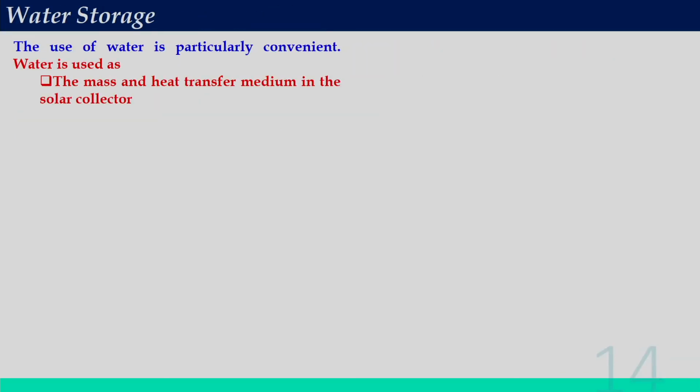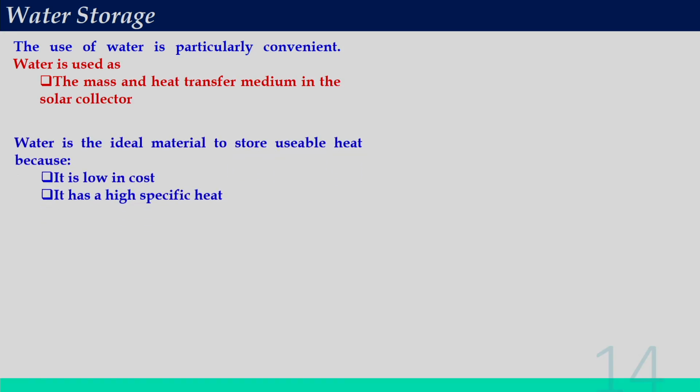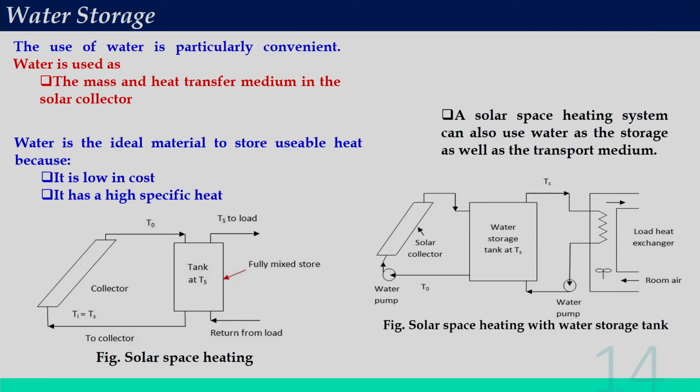Normally, water is used in most cases, as the heat and mass transfer medium in the collector, and also because it is low in cost and has a high specific heat.